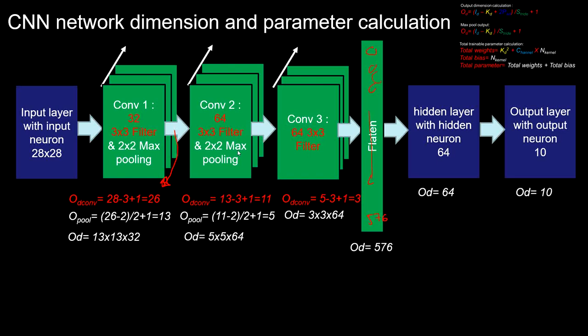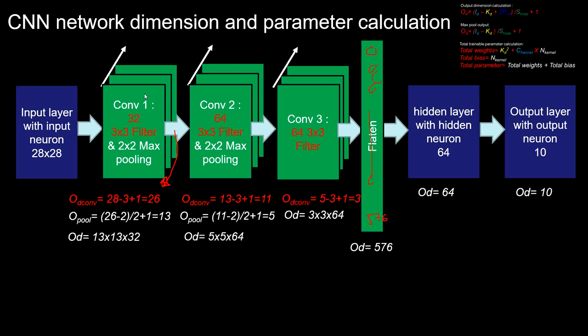The second part is to calculate the trainable parameters. For the trainable parameters, the equation is total weights plus total bias. For every layer, we have the weights, which I have mentioned will be the kernel. In the filter, you have the kernel, let's say 1, 1, -1.